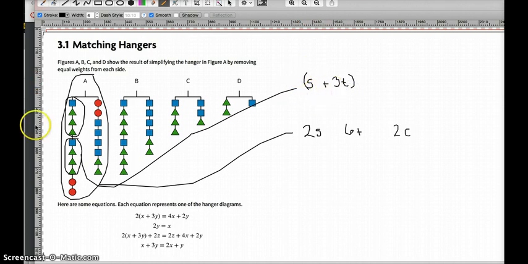So I've got this group, and I have 2 of them. So I have 2 groups of a square and 3 triangles. Do I see anything down here with 2 groups? Oh, I do. I see this one and this one. These both have 2 groups of something plus something else. So now I see that this X is going to be my square, and the Y is going to be my triangle, which is helpful.